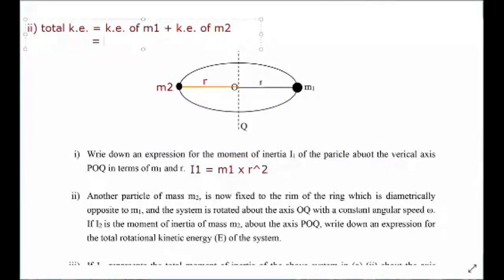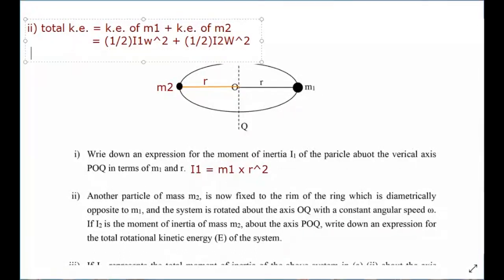Right. So kinetic energy of M1 means half I1 omega square. Do you remember this equation? I1 is the moment of inertia. This is the equation: half I omega square. Kinetic energy of the second particle is half I2 omega square. Am I right?